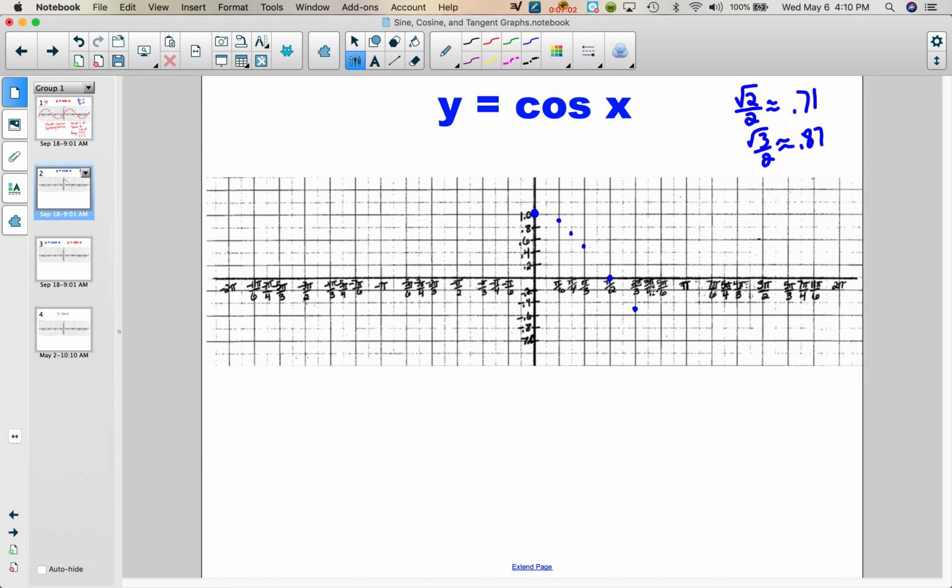And for 3 pi over 4, 5 pi over 6. And at pi, you're at the left side of the unit circle, so the x-coordinate is -1. So you kind of see this curve here. Then we would keep going, and I'm just going to fill in using a pattern here.